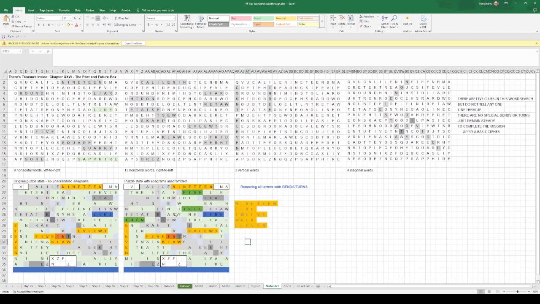I tried taking out all the letters that have bends and turns to see what's left. There are actually exactly 5 words out of all of these without bends and turns. So actually, we'll start with horizontal or vertical. There's 19, 5, 12, walk, and 11.